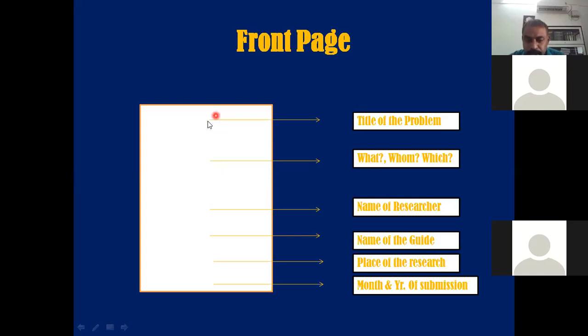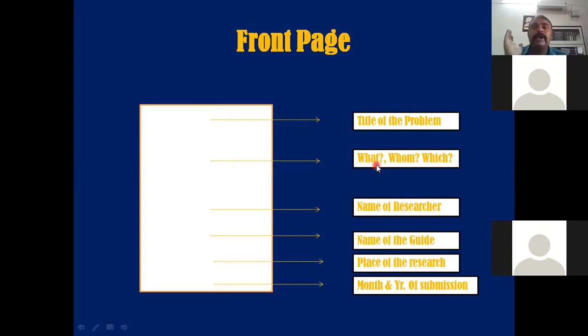Second, after putting the title, you have to give some space here. Then you have to put what you are submitting to the university, either a research proposal, a synopsis, abstract, or a thesis or dissertation. What you are submitting should be mentioned here.